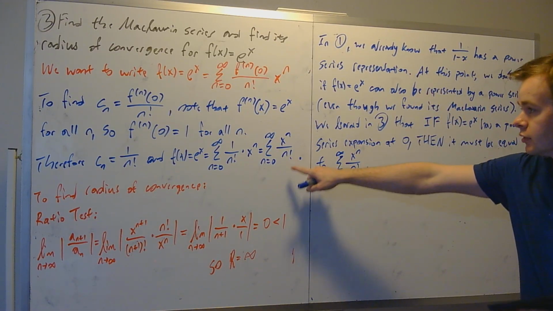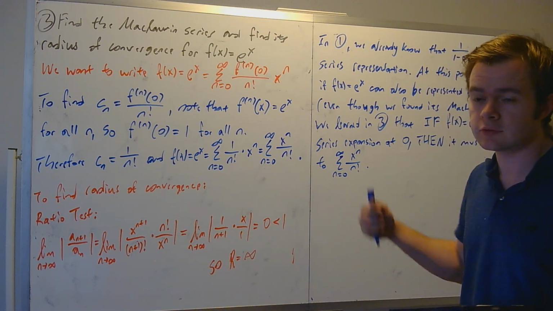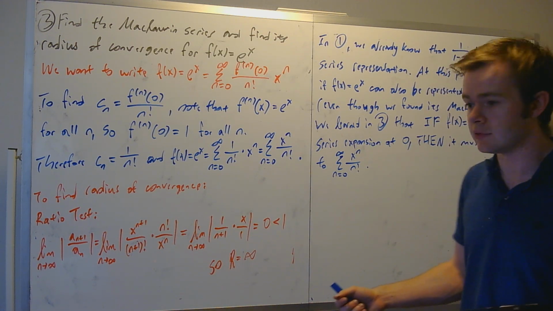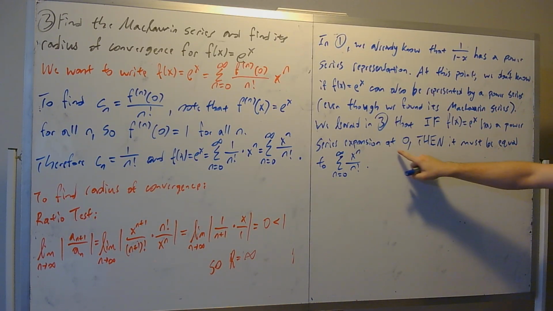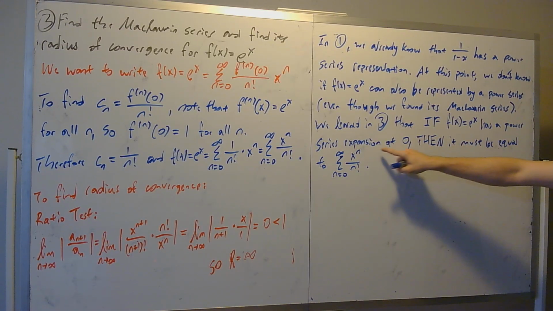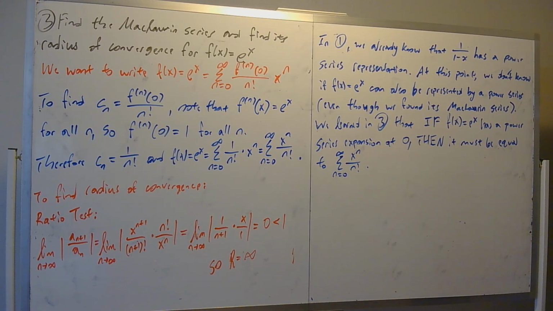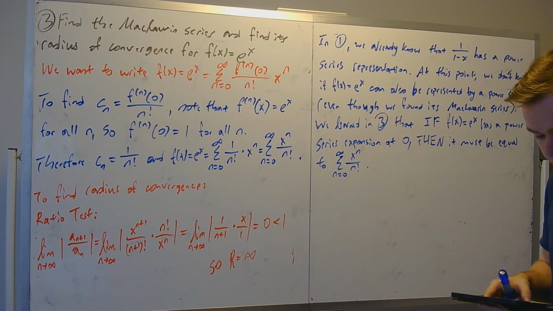So that's what we found, but notice this was only when we set a equal to 0, and this was assuming we could represent it as a power series. So at a equals 0, if we have a power series expansion, then this is what it is, but that's not exactly a guarantee that the thing exists.